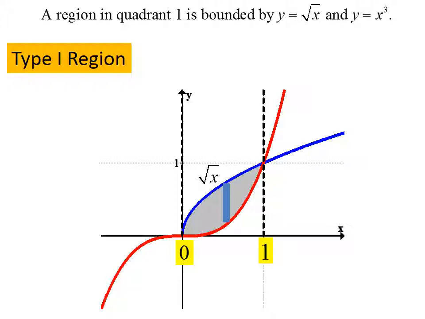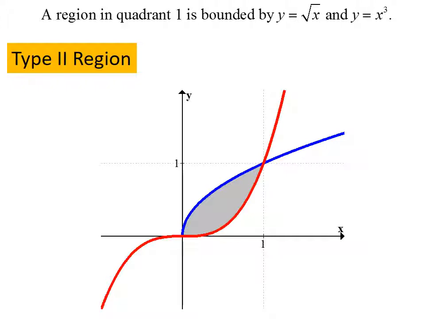And it's given in terms of x as y equals square root of x and y equals x cubed. So our type 1 region would go from the function x cubed to the function square root of x.